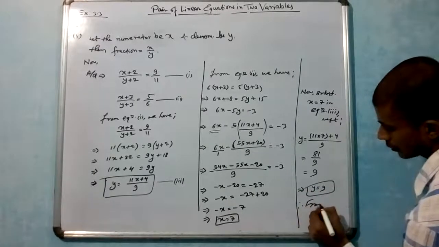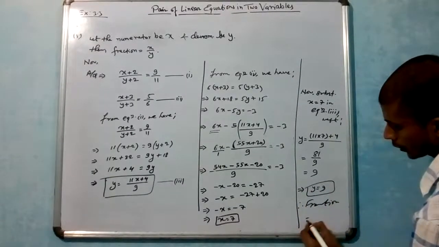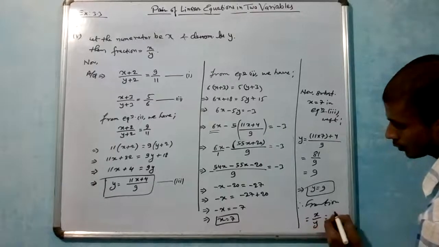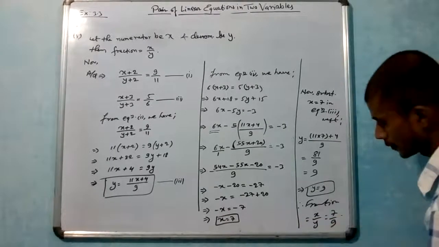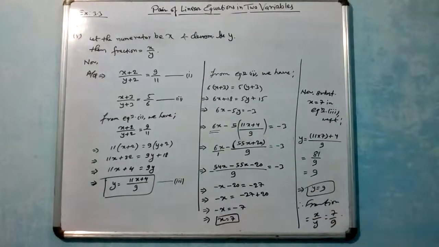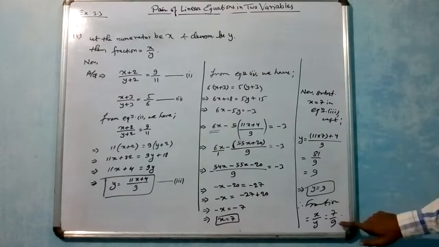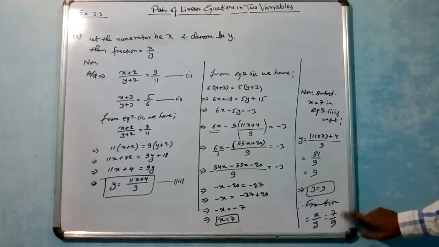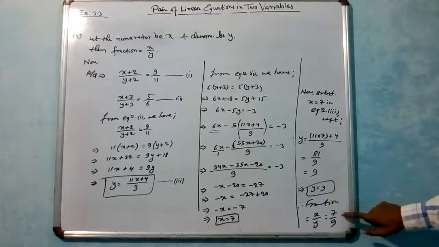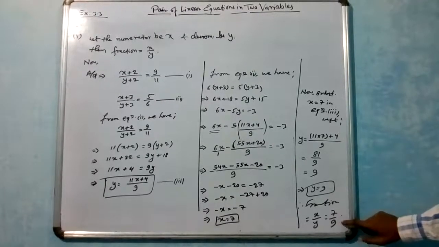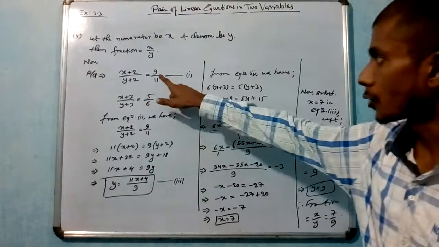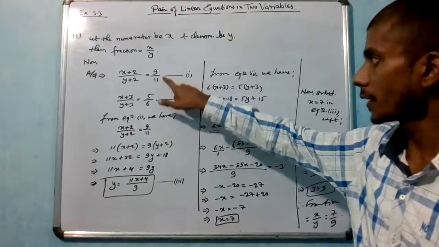Therefore fraction is equal to x by y is equal to 7 by 9. Okay. Now check what was telling. Adding 2 in the numerator and in the denominator, it was becoming how much? 9 by 11. 7 plus 2, 9. 9 plus 2, 11. So 9 by 11, the condition is satisfied.